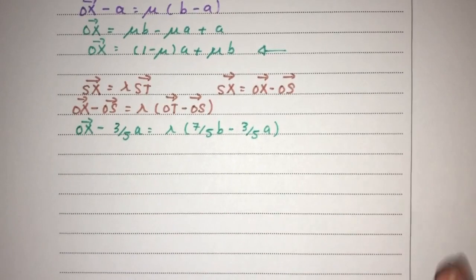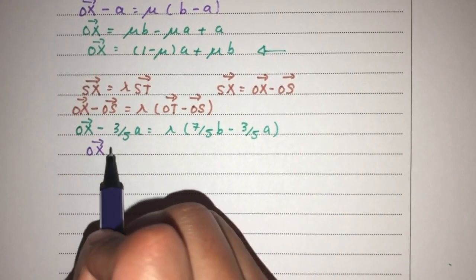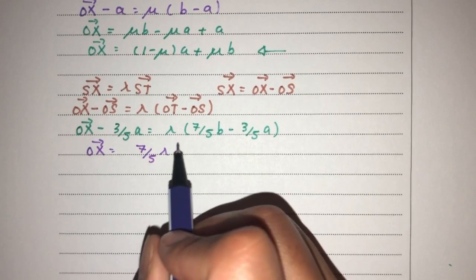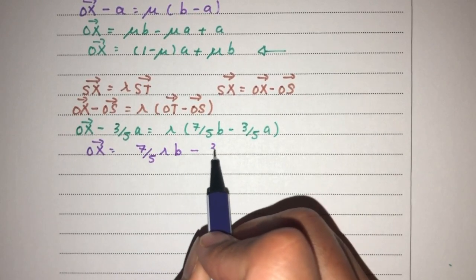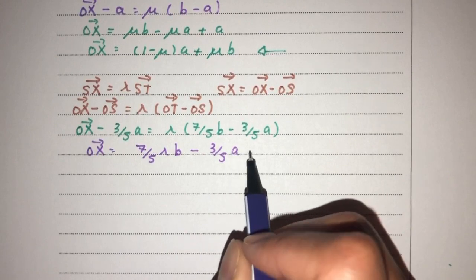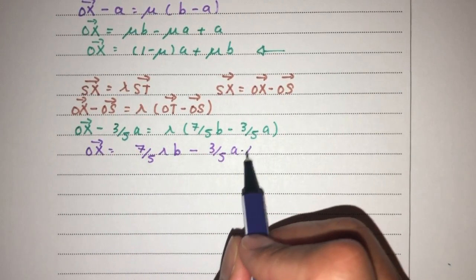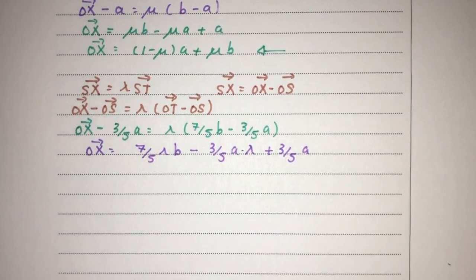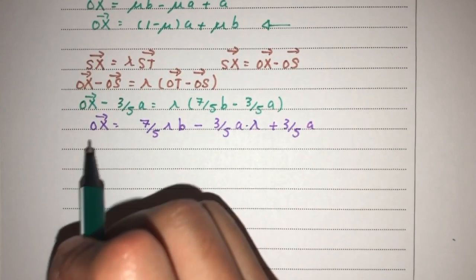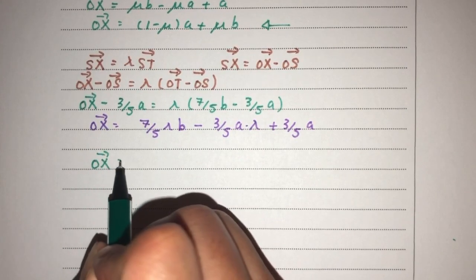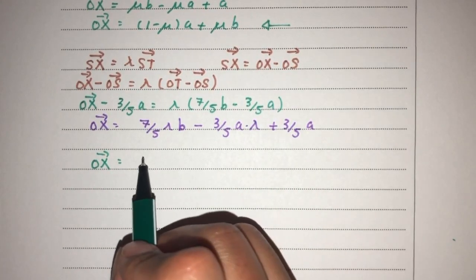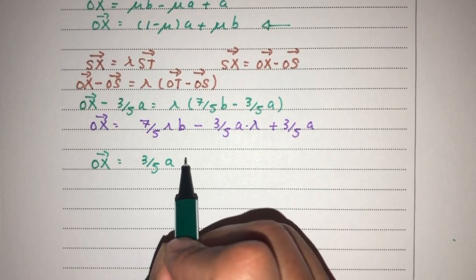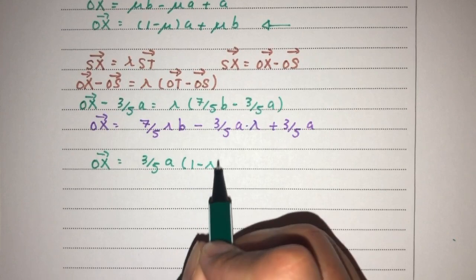Now simplify to see what can we have. OX has to be 7 over 5 lambda B minus 3 over 5A. And then of course you have to multiply lambda, and when you send this over here, it becomes 3 over 5A as well. Now simplify. So OX finally has to be the value of what? Let's write this first. That will be factorize 3 over 5 and A outside. We'll have 1 minus lambda.